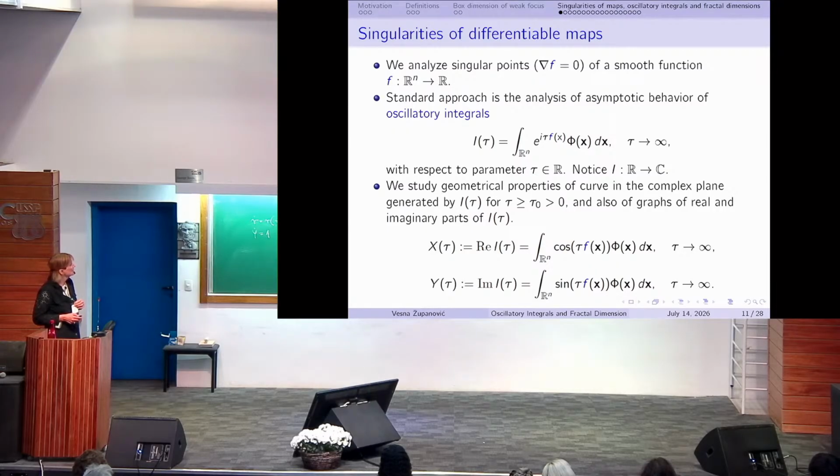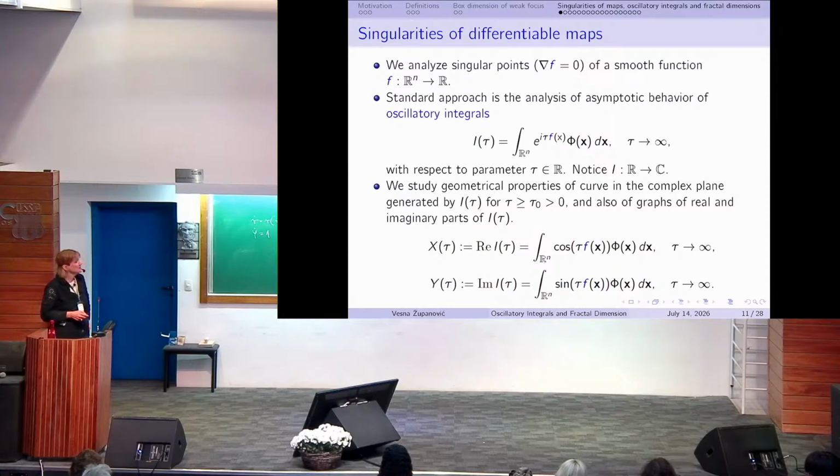This is called the amplitude function. Here is Rn, while in the first example it was just R. Then we can define a curve by this parametric equation. This is the real part of the integral, and this is the imaginary part of the integral. By this, we defined the curve.